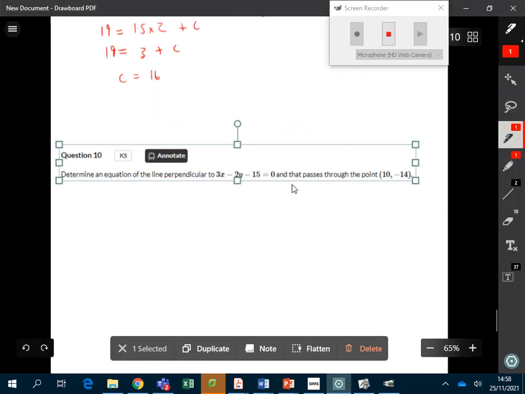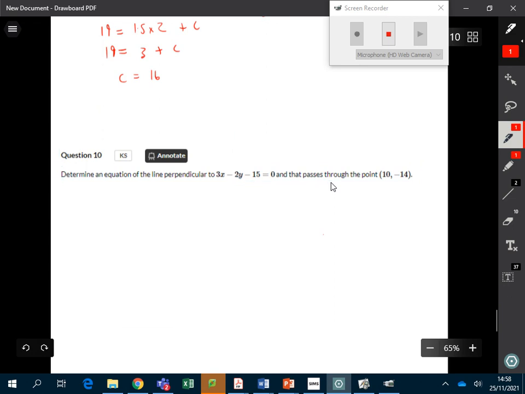Question 10. So perpendicular to this line and passes through the point 10, minus 14. So let's find out the gradient first of all of the line given. So we want to rearrange this for y. If we add 2y to both sides, we've got 2y is equal to 3x minus 15.